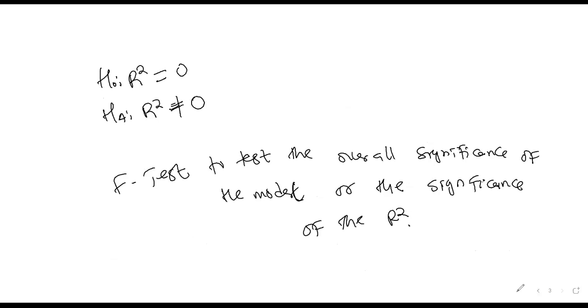Which means that overall, your model is not significant. The whole regression model on the overall is not good. Because once your dependent variable has no relationship with the independent variables, it means that the independent variables cannot significantly affect the dependent. All right. Okay, so that's why we also call it a test to test the overall significance of the model.